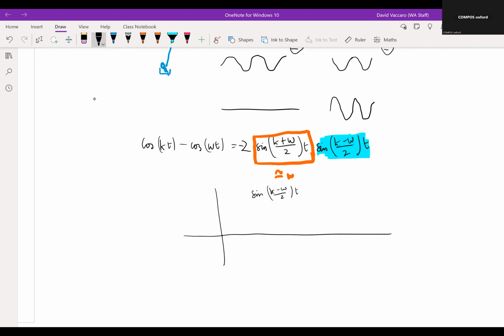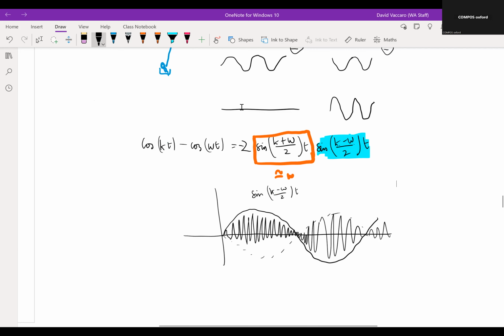So it's got a longer time period, not wavelength. So it's got something like this. And then my swing oscillates at its natural frequency. So you get this beat phenomenon.